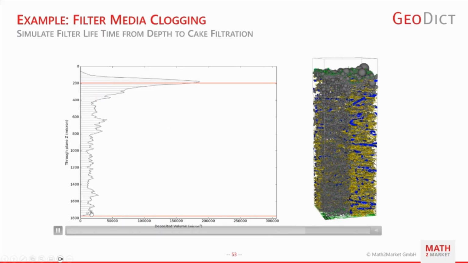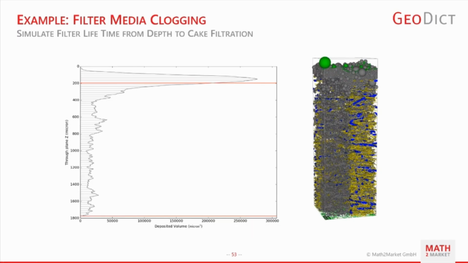And here on the left, we see plotted where in the media the dust is deposited. At the end, it's just on top of the media, and there's a dense filter cake there. In real life, once that happens, the filter is clogged, the pressure drop goes up very steeply, the filter has a lot of energy consumption, and you have to exchange the filter. That's what you want to compute: when this will happen.